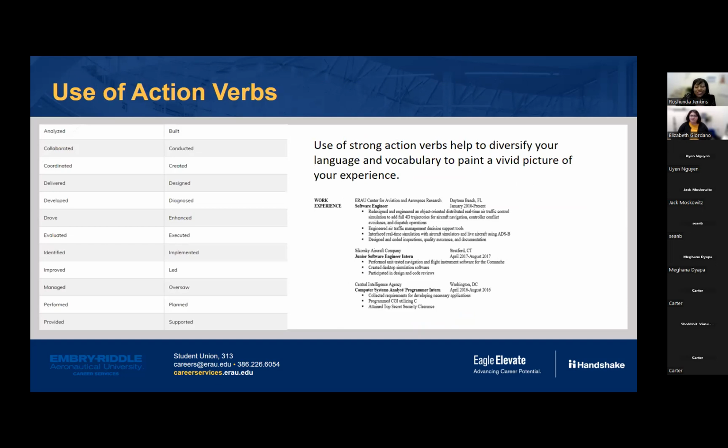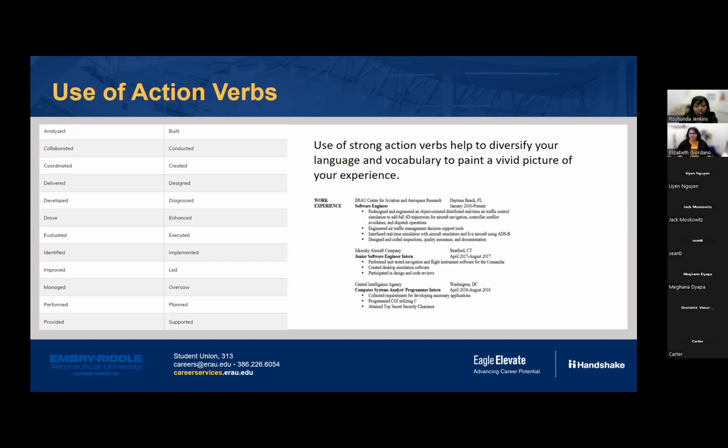Action verbs. This is one of those things I still use to this day, action verbs to really help me describe some of the experiences that I've had. No matter what that work experience might be, you can definitely make it sound professional and attest to the different things that you have accomplished and achieved in a variety of positions. Use of strong action verbs is really going to help diversify your language. So you don't want to keep including responsible for X, responsible for Y. You want to make sure that you have a good variety.